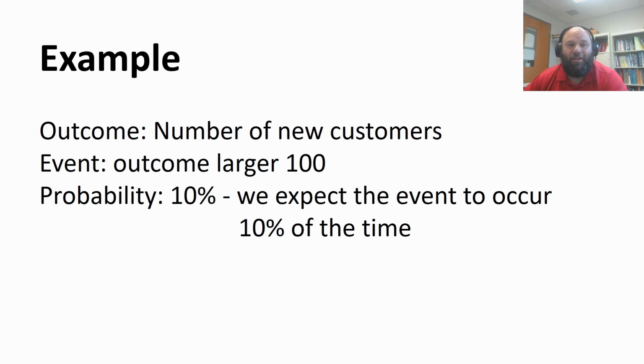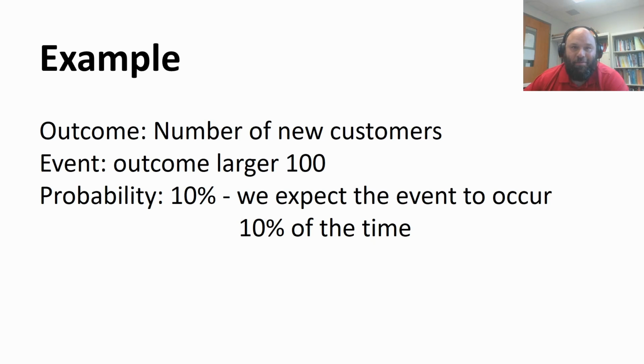Another example, suppose you're offering a new product or service at your business, and the outcome is the number of new customers in a period of time, a week, a month, whatever makes sense. And you're wondering about how likely it is that the outcome, the number of new customers, is larger than 100.